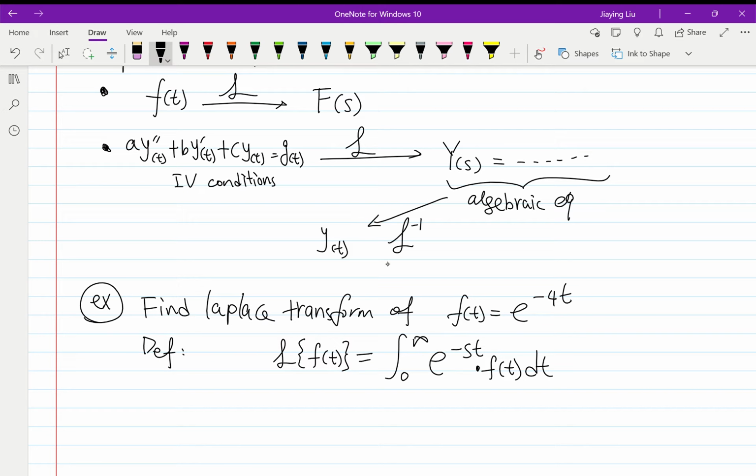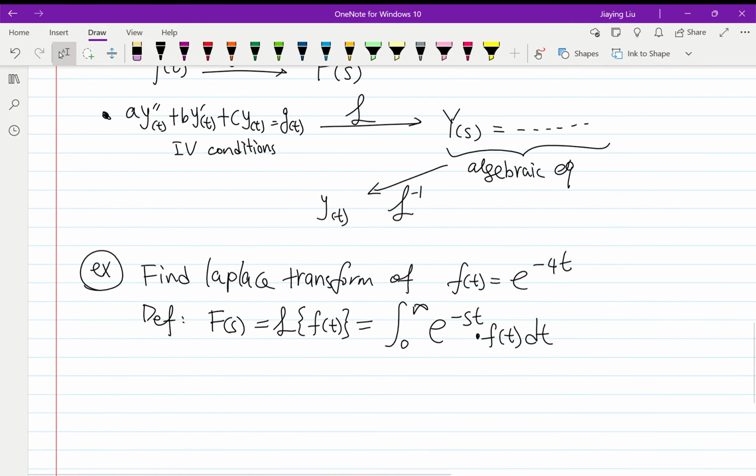And sometimes we denote it as capital F of s. You can think about this as converting f of t into a function of s, a new function. So let's apply this definition to the example.